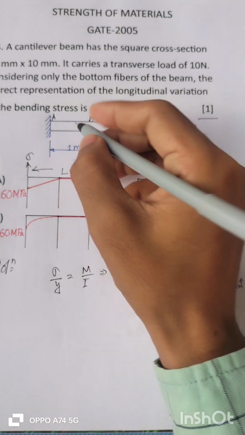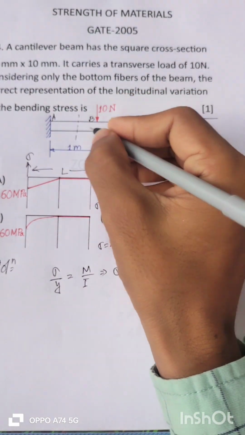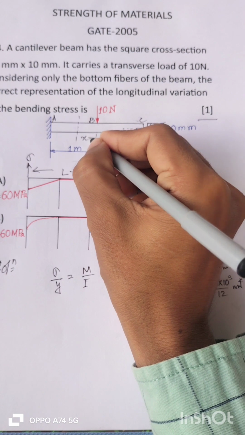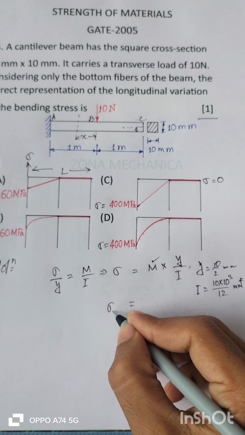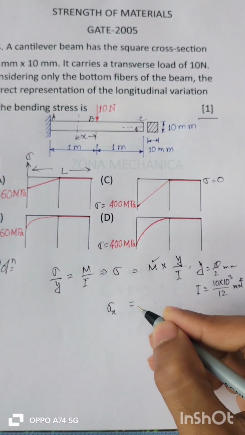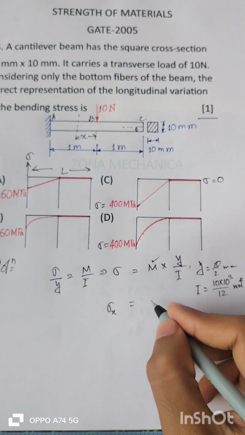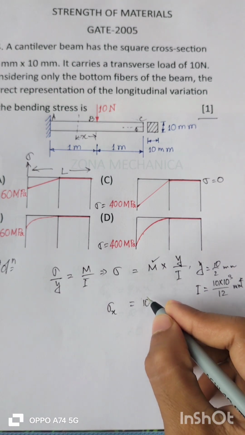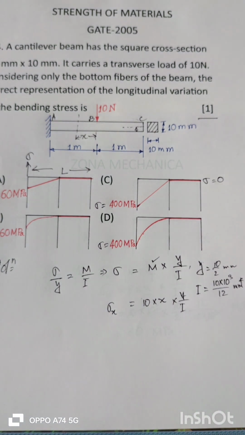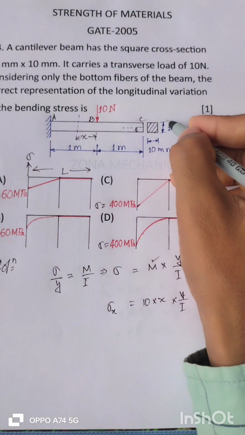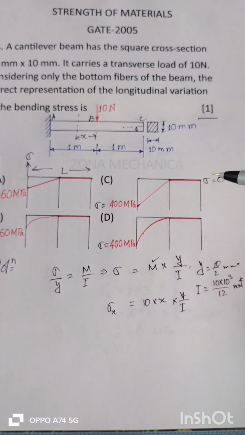Now the left hand side portion, that is the AB portion. In the AB portion, if we consider a section at distance x from the loading point, and let the bending stress at this section be sigma x, then M will be 10 into x, the load times x, and sigma is 10 into x into y by I. This y by I is constant, since the cross section is uniform throughout the length of the beam, so y is fixed and I is also fixed.